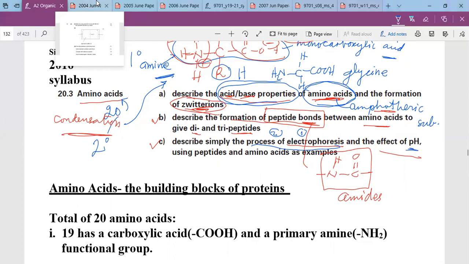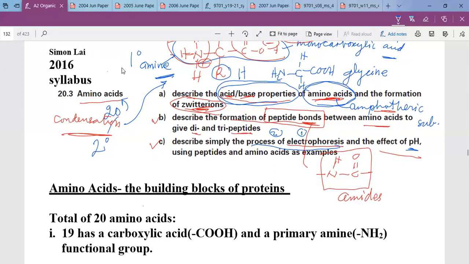Remember, you make proteins by condensation, and you break down proteins by hydrolysis.